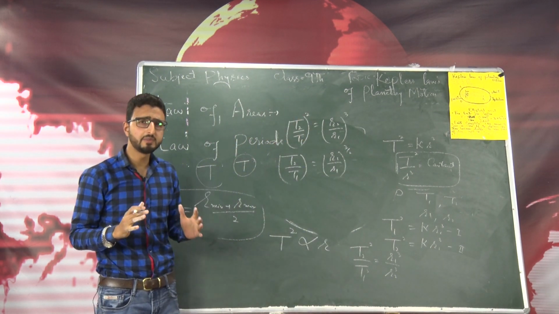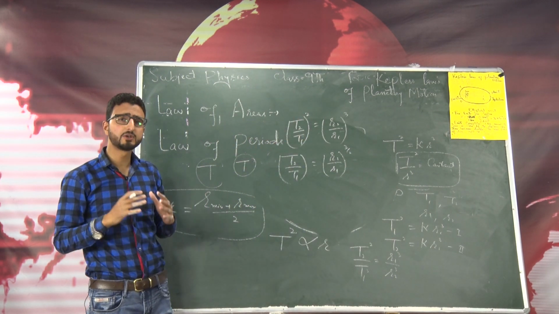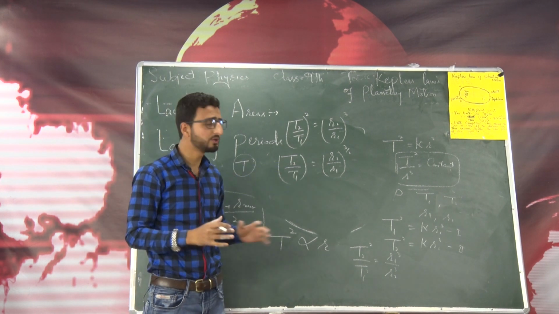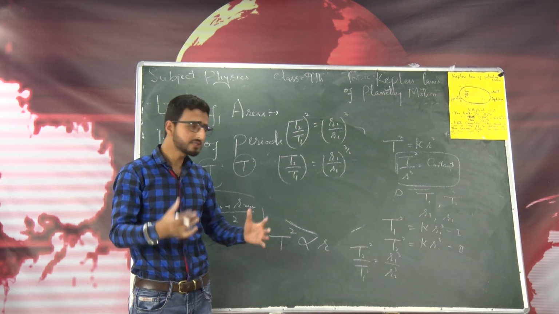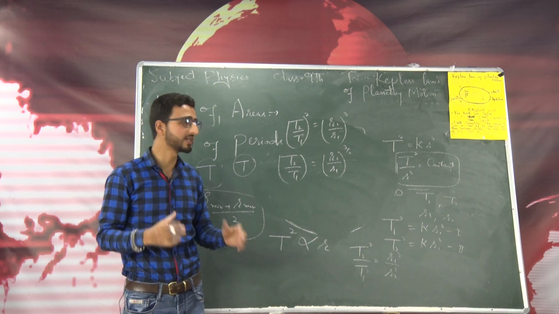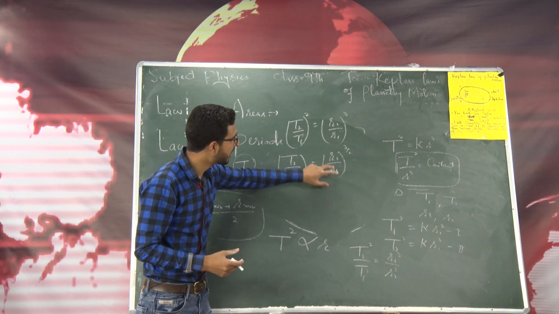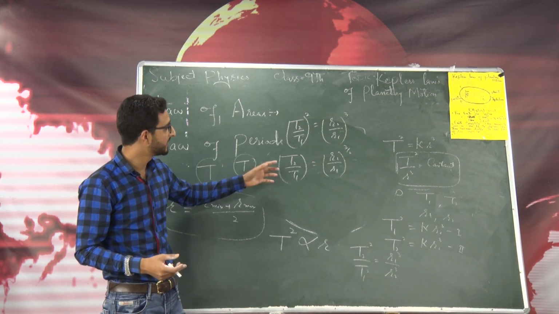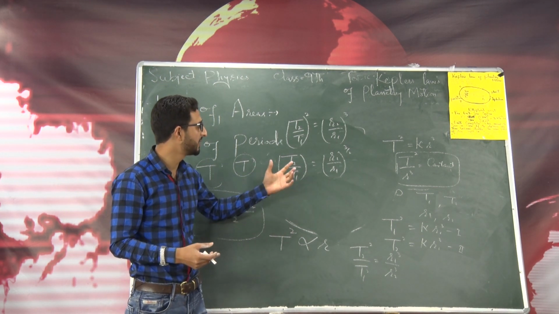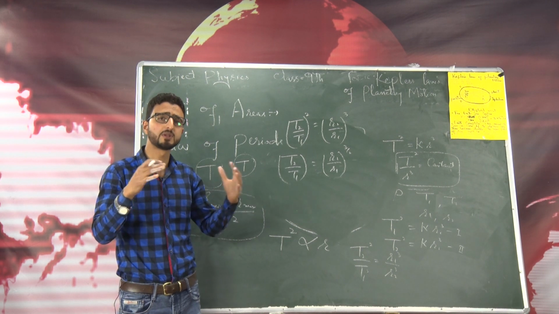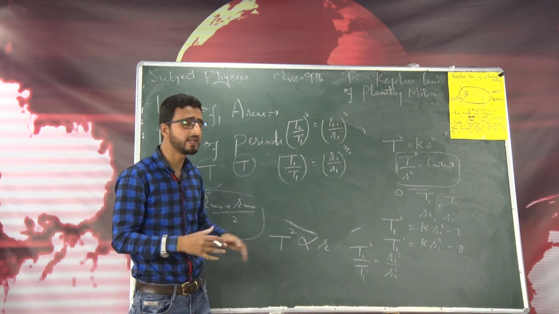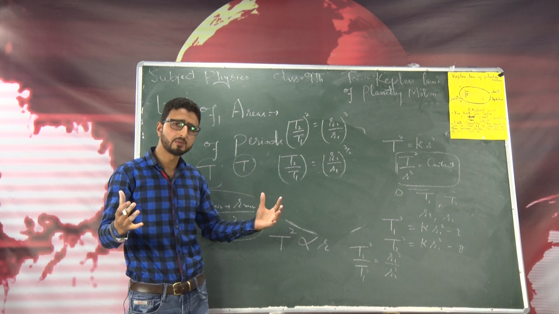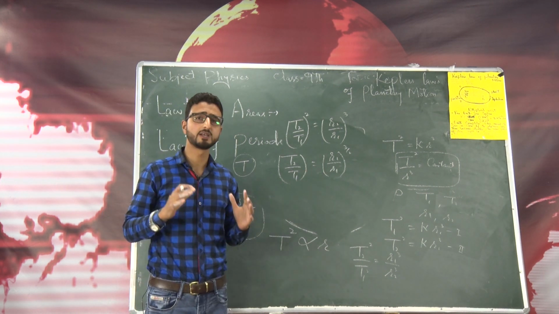This is the relation between the time periods of the two planets and the respective distances of the planets from the sun. So T2 by T1 is equal to R2 by R1 whole raised to the power 3 by 2. You can compare the time periods and the respective distances of the planets from this very mathematical form of the third law.